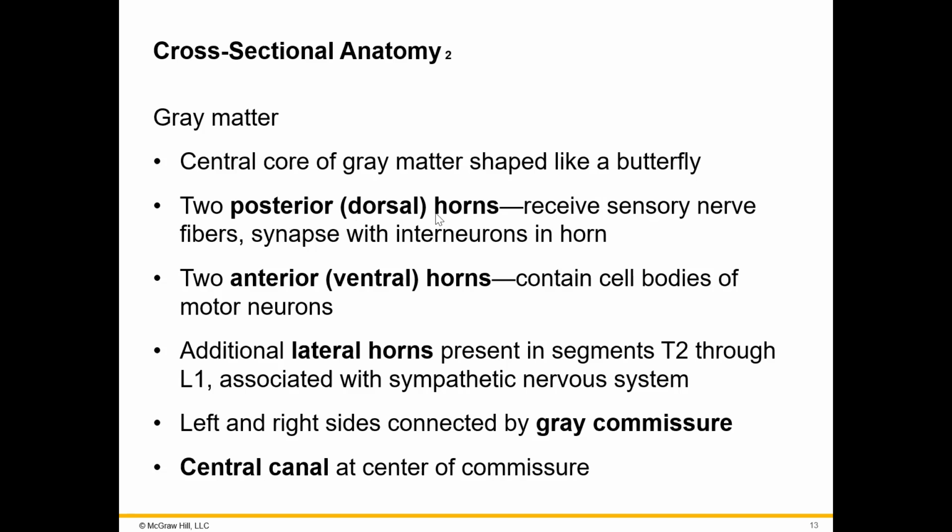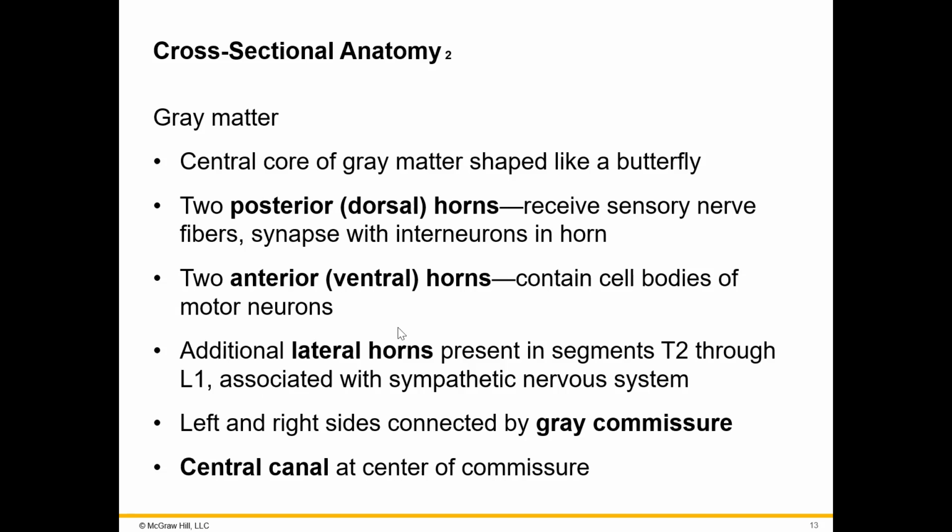You have two posterior horns, and they receive sensory nerve fibers that synapse with interneurons. And you have two anterior, known as ventral horns, and they contain the cell bodies of the motor neurons. So the ventral and anterior horn is for motor neurons, while the posterior horns are for the sensory neurons.